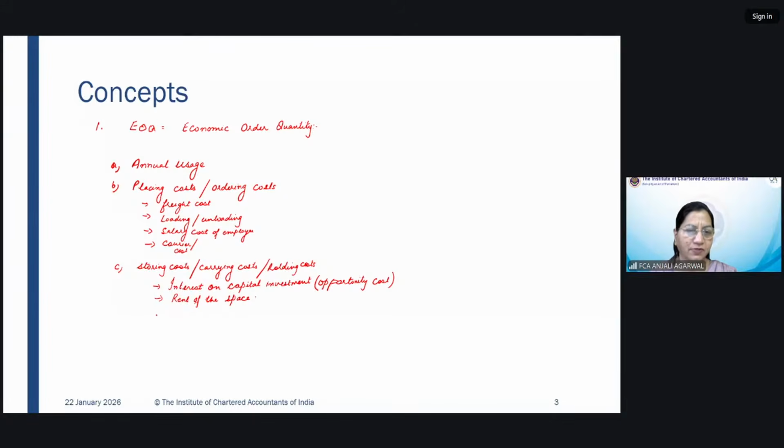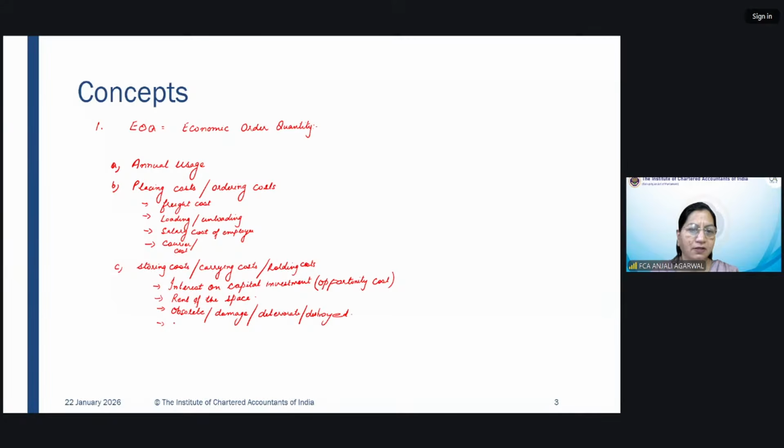It is also possible that if you hold a lot of raw material, it might become obsolete, damaged, destroyed, or deteriorated.